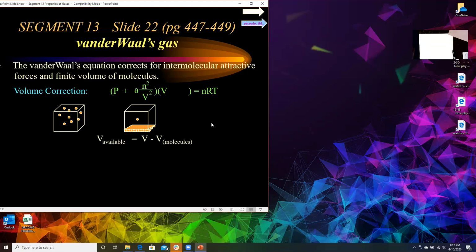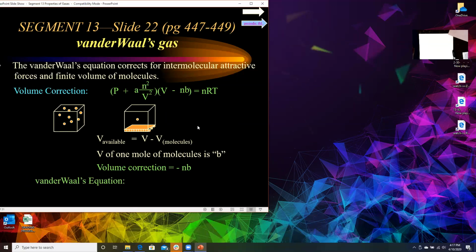So the volume available is going to be V minus N times the volume of molecules. The volume of 1 mole of molecules is a value B. So the volume correction is going to be minus NB. Now, this is the van der Waals equation, and it really, really does work well.